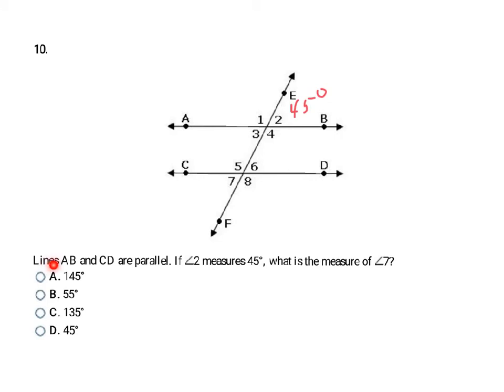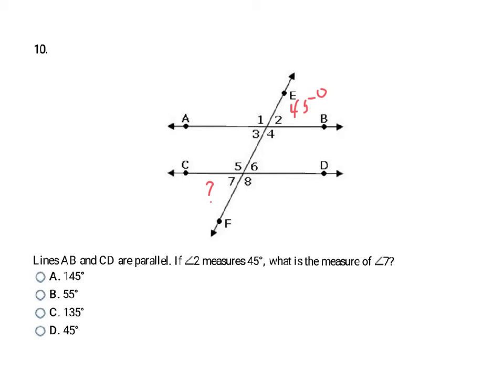So this problem tells us that line AB and CD are parallel. And so it also tells us that the measure of angle 2 is 45 degrees. And it wants to know what is the measure of angle 7. So if I look here, both of these angles are on the outside of the parallel lines, but on opposite sides of the transversal. 7's on the left, 2's on the right.